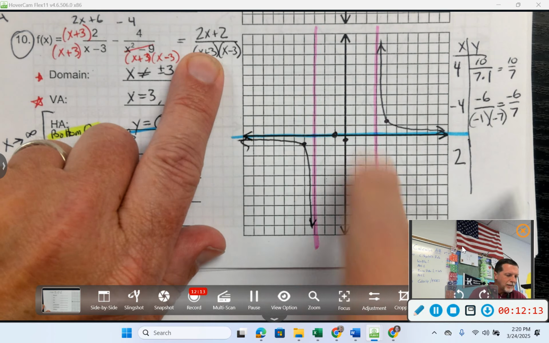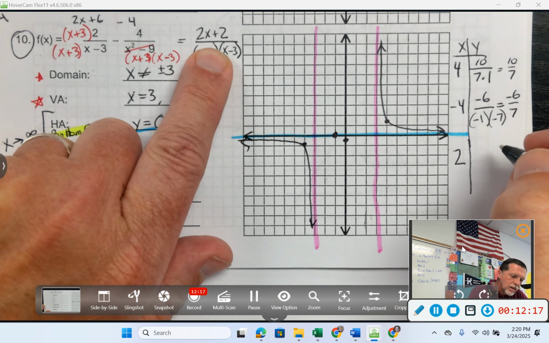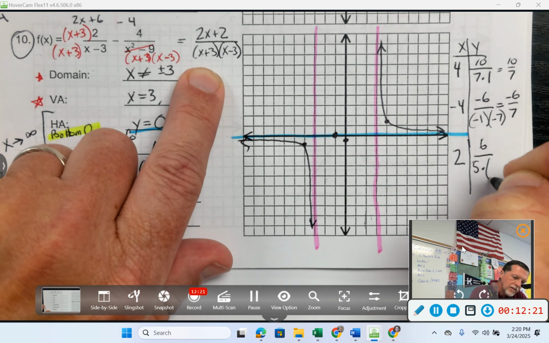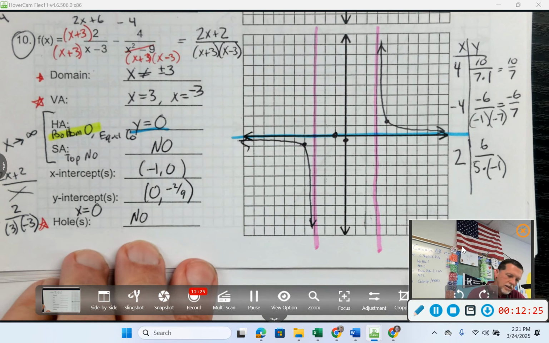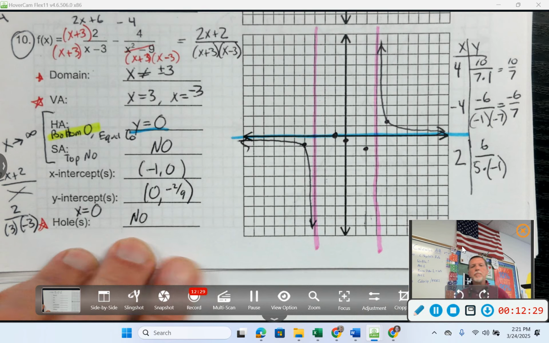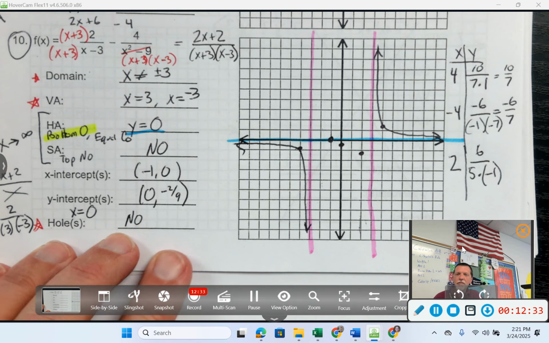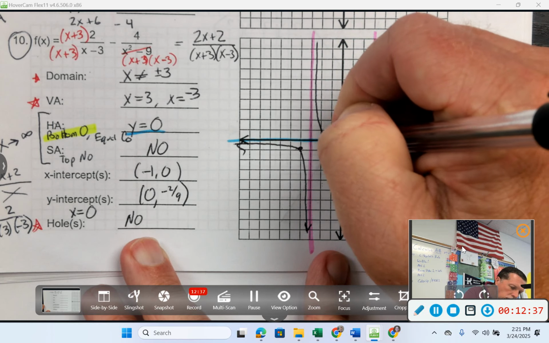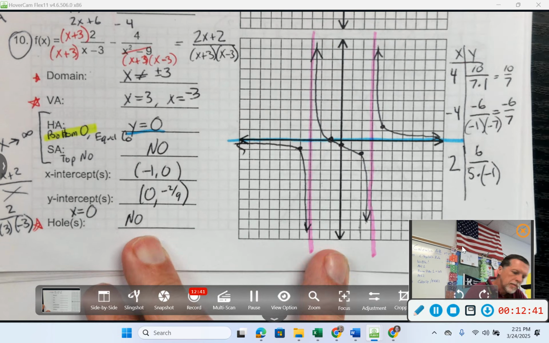But if I'm not sure what's going on, keep plotting points. 4 plus 2 is 6. 2 plus 3 is 5. 2 minus 3 is -1. So -6/5. I guess I thought it would be farther down than that, but at least it still fits the pattern I thought it would be doing. Something like that.